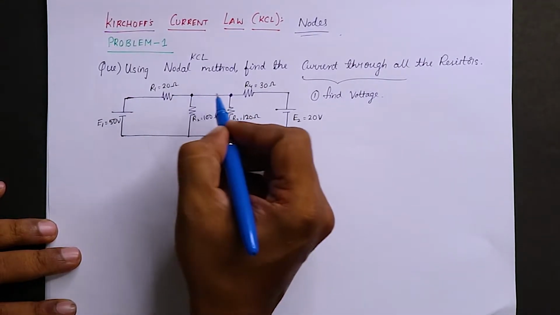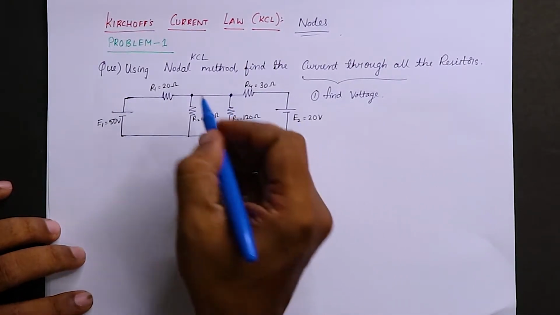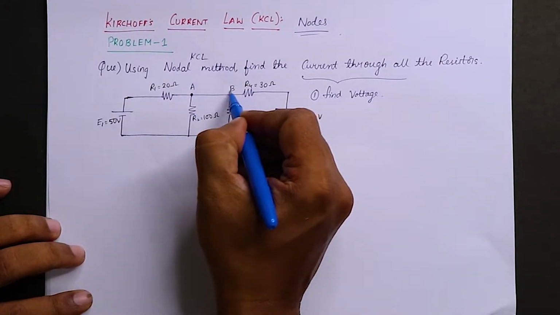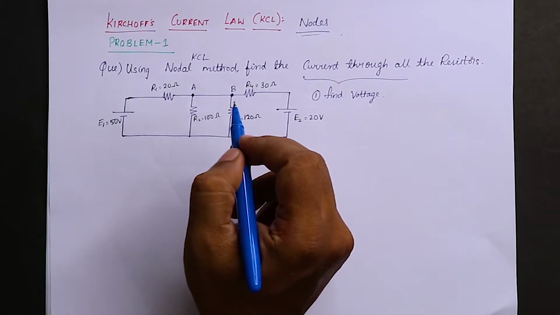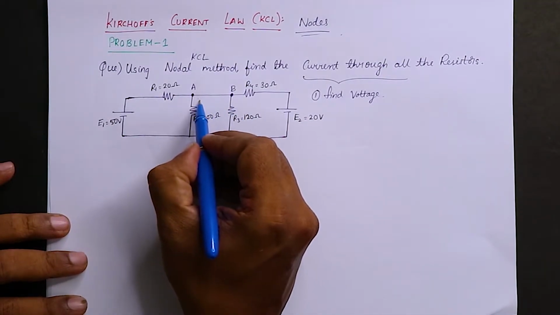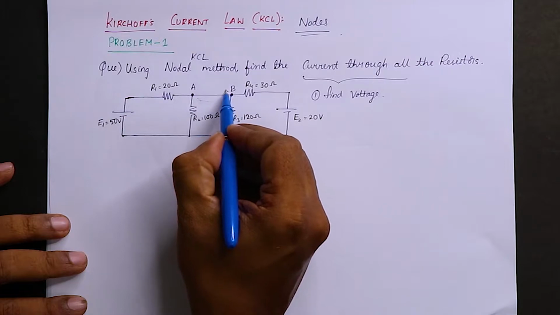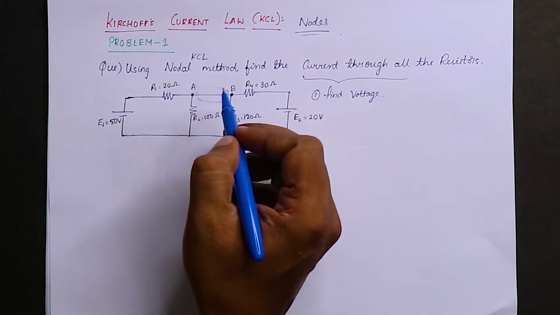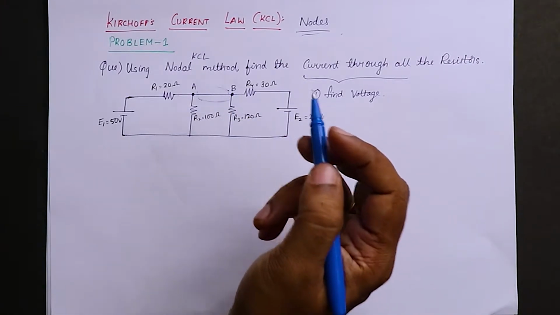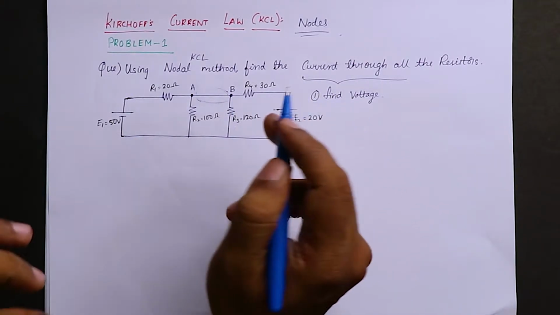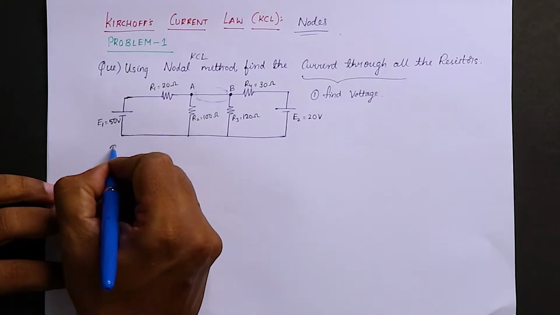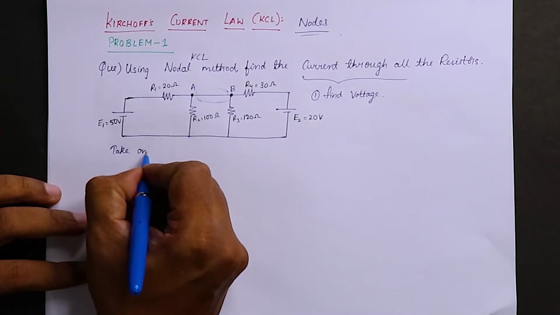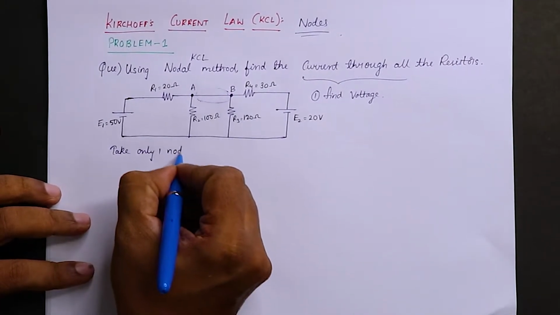These are 2 junction points. Let us take them as A and B. But we don't have any resistor or any element between these 2 junctions. This is empty, so there is no point in taking 2 nodes. We can take only one node into consideration.